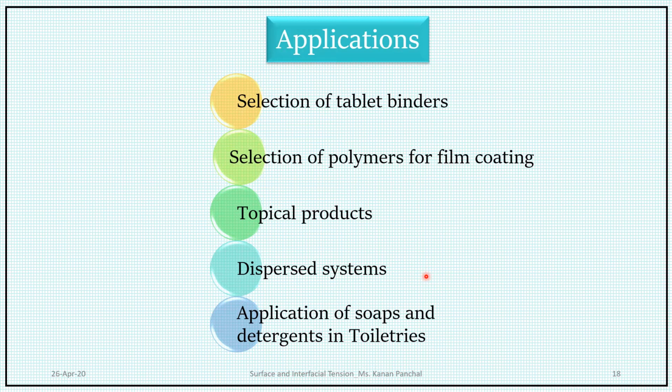Emulsifiers are used in emulsions, wetting agents are used in suspensions, and they help in proper stability and manufacturing of these systems. And definitely your toiletries, your shampoos, conditioners, bathing gels, etc. So we have surfactants all around us and we use them almost on a daily basis.